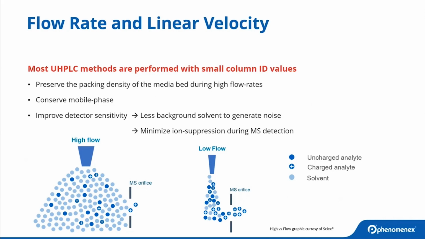Oftentimes when scaling a method, it is with the intention of performing mass spec detection. And so what's important here is to note that when you're using a wider internal diameter, you are introducing a much larger volume of eluent from the column into the mass spec ion source.